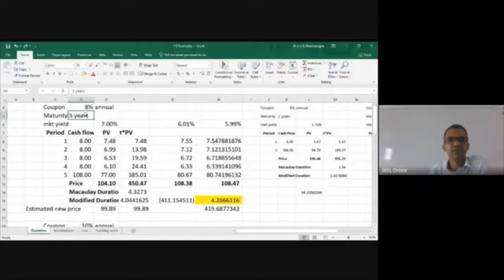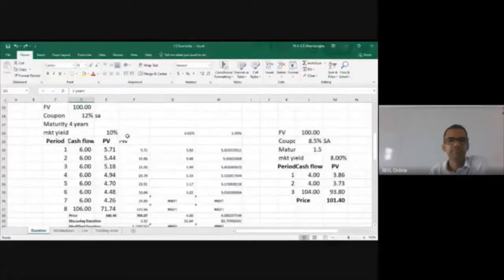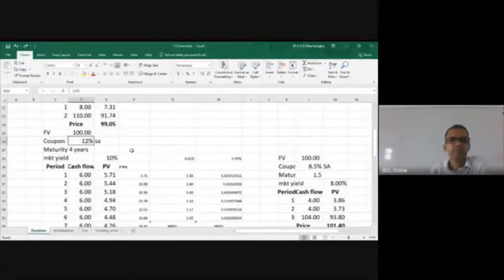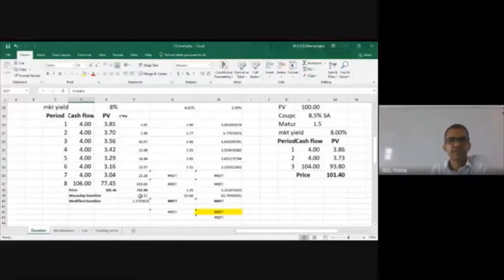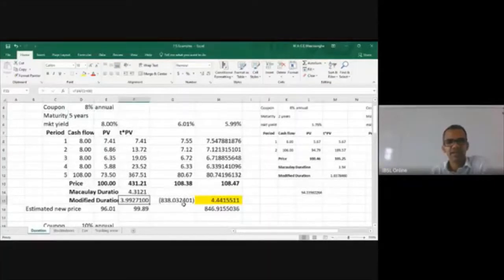But still here, coupon 8, yield 8, maturity 4 years, 3.37. Coupon 8, market yield 8, maturity 5 years, 3.99.